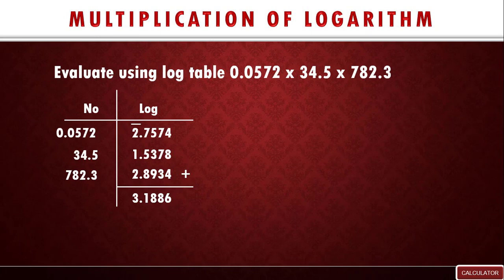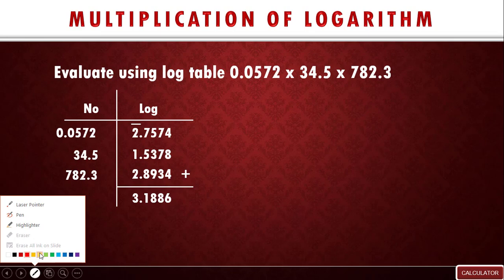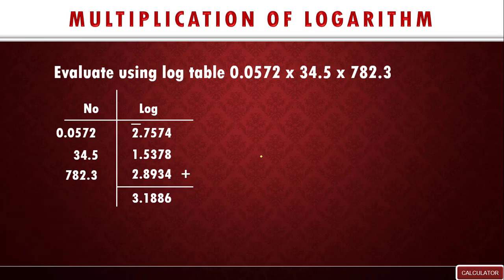Okay, then that 2 plus this 1 is 3, plus this 2 is 5. Then if you remember, there is bar 2 here, and bar 2 means minus 2. So we now have minus 2 plus 5.